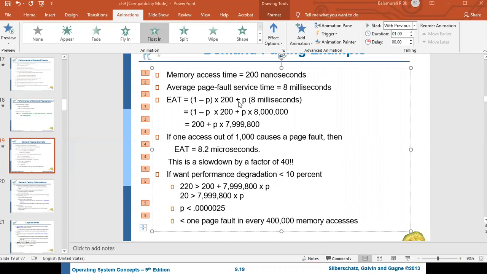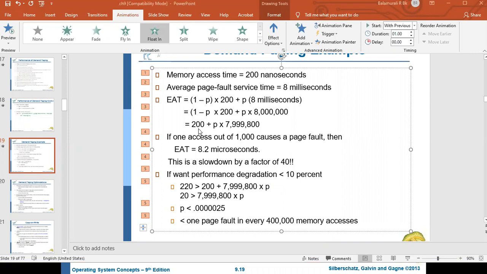Or you may be asked to find the slowdown factor. Slowdown factor is the effective access time when there is a page fault, divided by the value you get when there is no page fault.